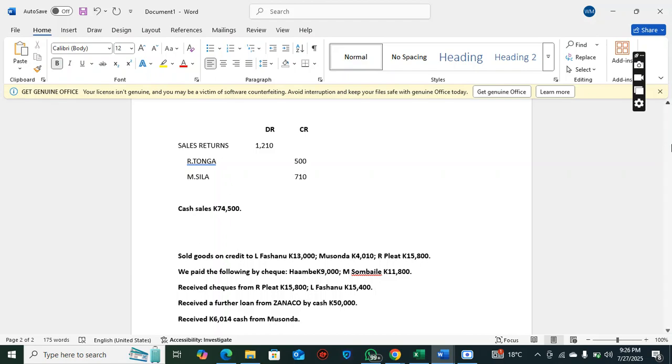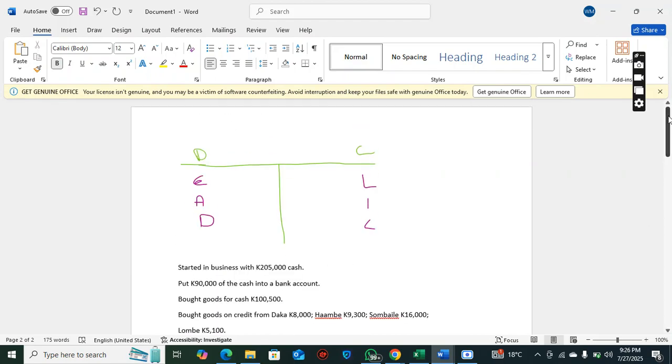Cash is an asset account according to the double entry rules. Assets increase with debit. Sales revenue is a revenue account, or you can call it an income account, and it increases with credit.